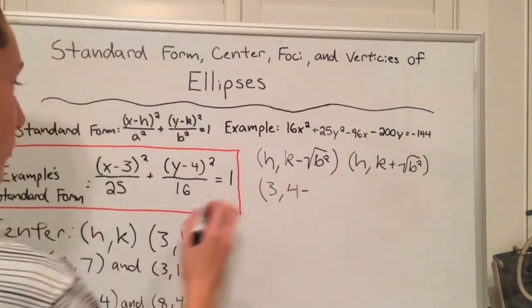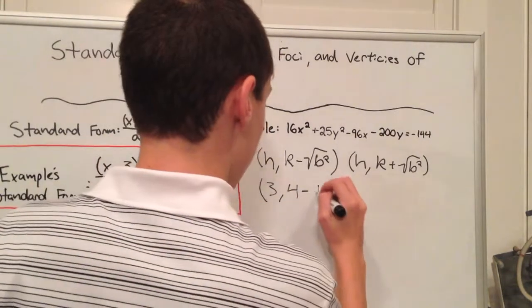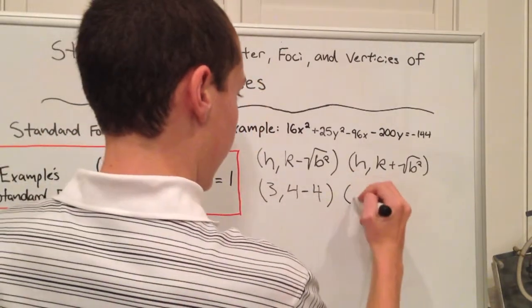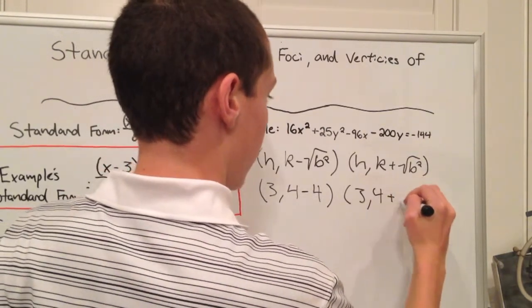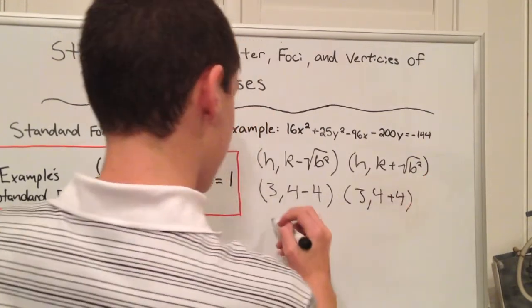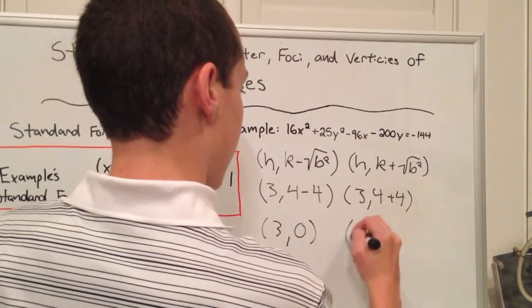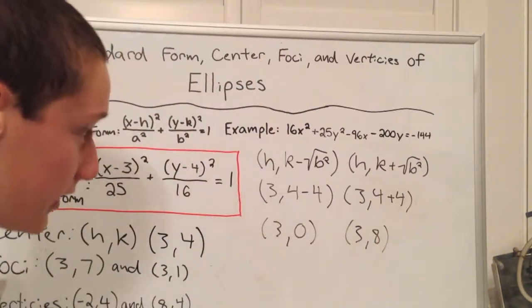And we know b squared is 16, and the square root of 16 is 4. So we get 3, 4 minus 4. And then we also have 3, 4 plus 4. And so these end up being 3, 0, and 3, 8. And those are the co-vertices.